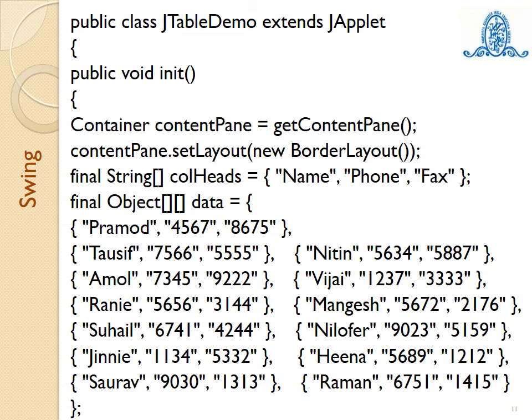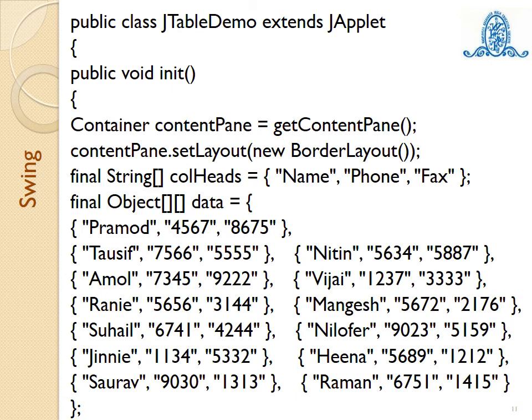Then next, the two-dimensional array, which is my data, is initialized as final Object[][] data equal to an opening curly bracket. Here the first row is initialized with the values. Similarly you can initialize the remaining rows.